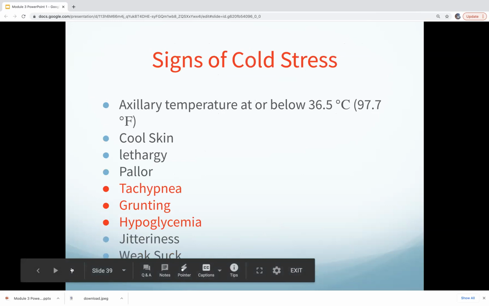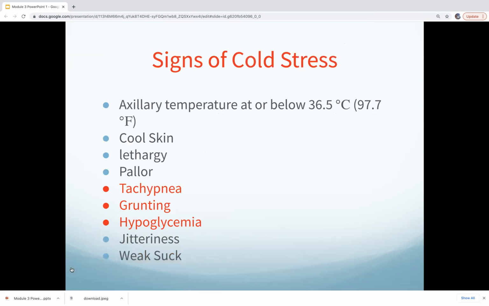So signs of cold stress: the body temperature is dropping. There's a lot of discrepancies on temperature. 97.7 degrees. Some will say 97.5. So, at or about. Okay.